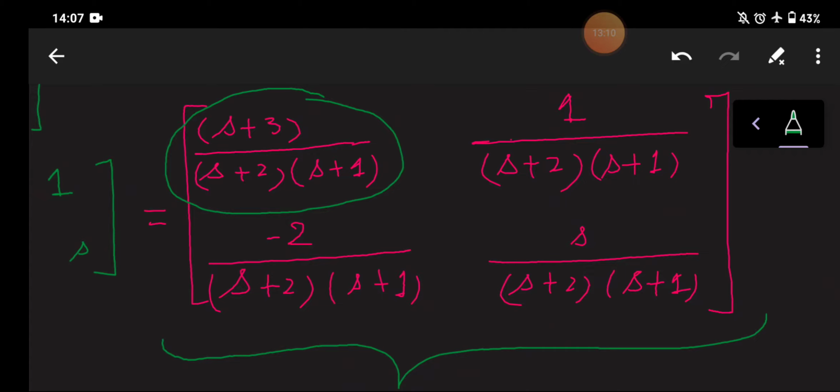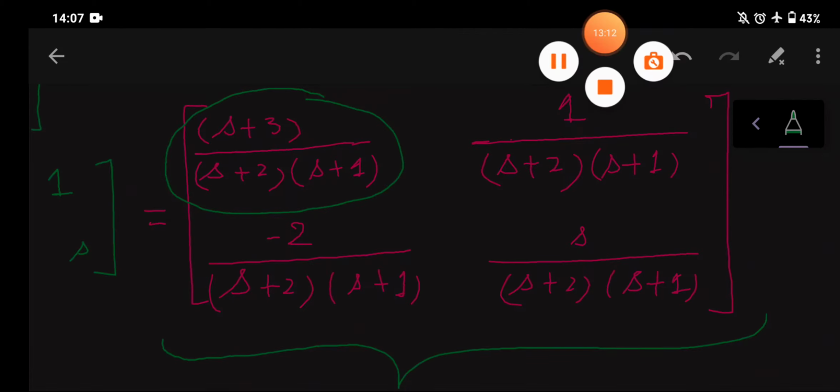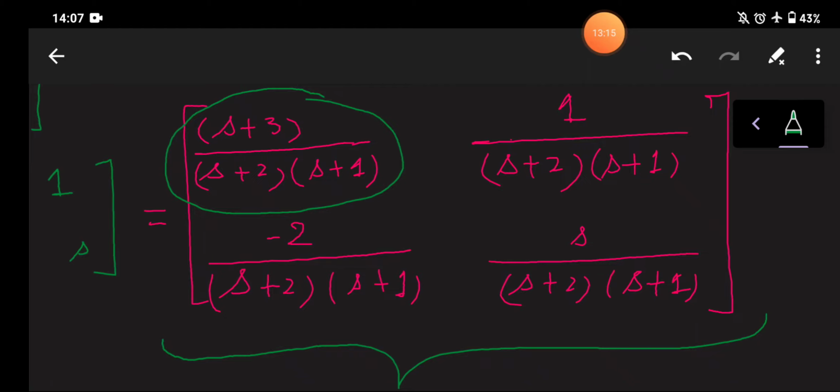So quickly we will see how we can do it by partial fraction. I will write directly the partial fraction part that you can do by yourself at home.